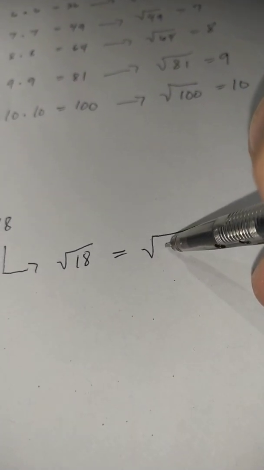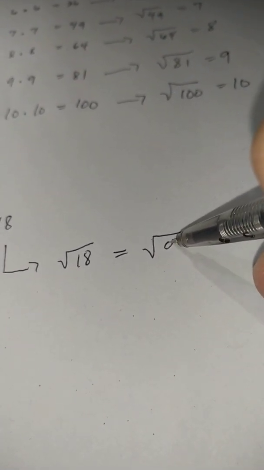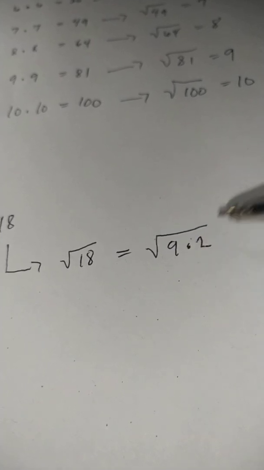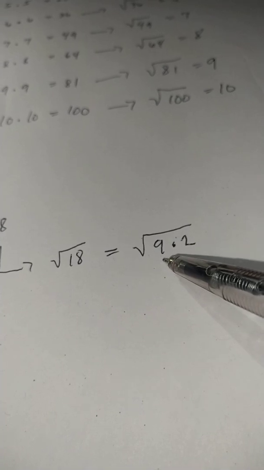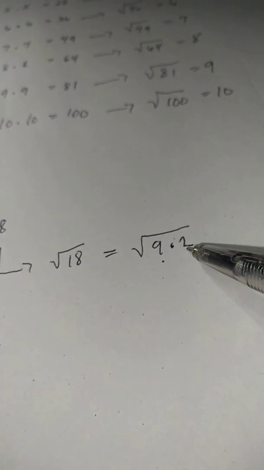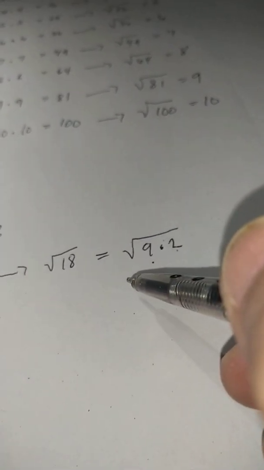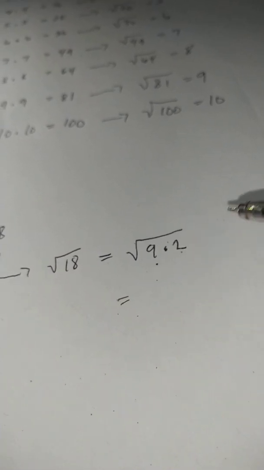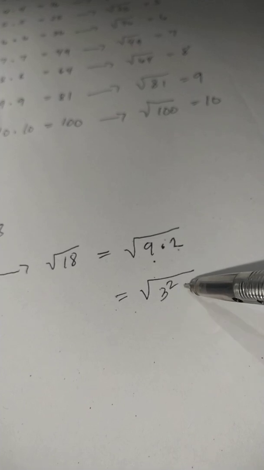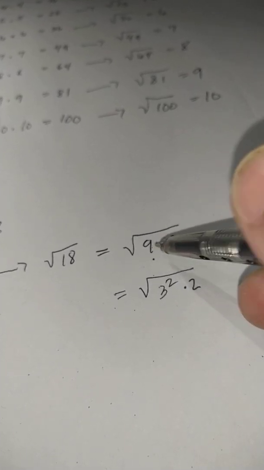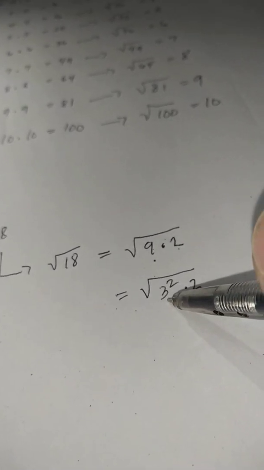We know that 18 is also equal to 9 times 2. So as you can see, 9 is a perfect square. 2 is not a perfect square. Simplifying it, we have the square root of 3 square times 2. 9 is equivalent to 3 square.